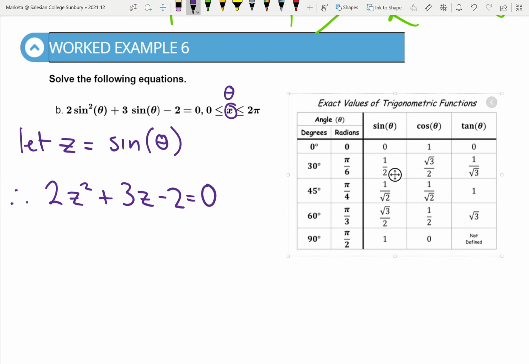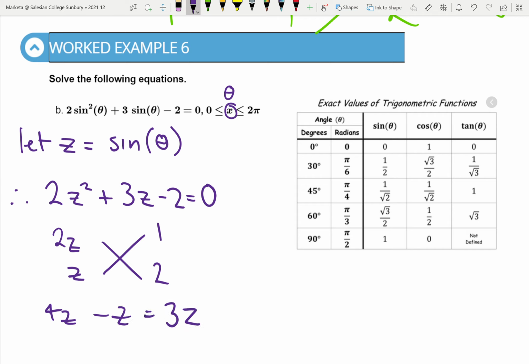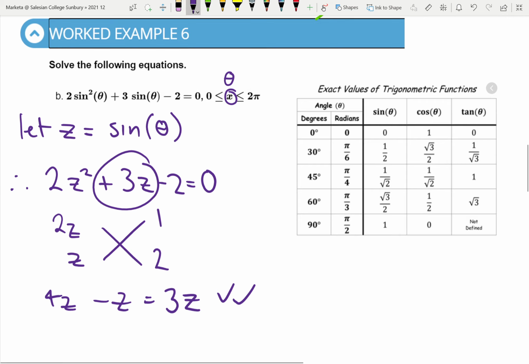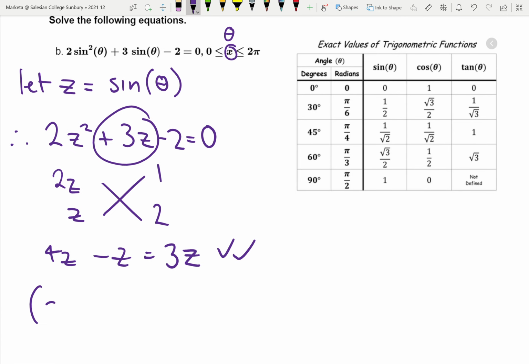So I'm going to use cross multiplication here. So that's going to be 2z times z, and 2 times 1, and that's going to give me 4z minus z equals 3z, and that is what we want. That's our middle term. So it means that in our brackets we've got 2z plus 1 and z minus 2.